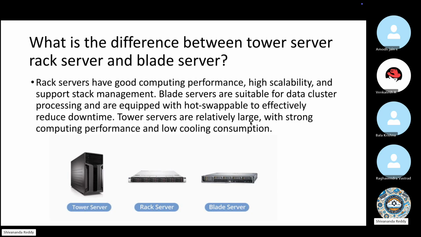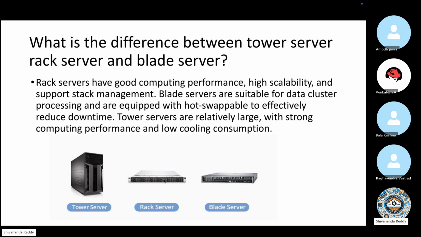Tower servers are relatively large, very big, with strong computing performance and low cooling consumption. Heavy cooling is not required because this is a tower. You can see how it looks. It's quite big. It looks like a CPU, but a very big CPU. The backside has a fan that cools the entire system.